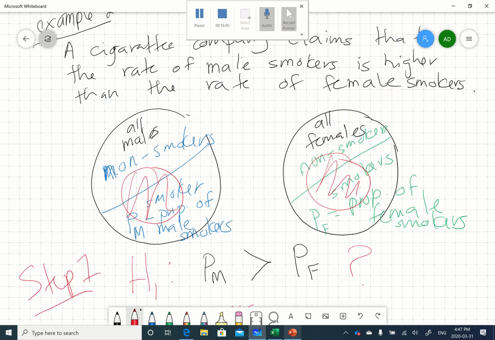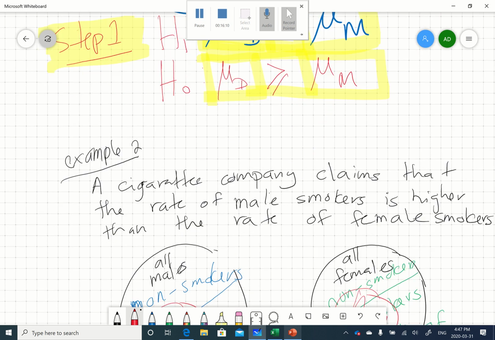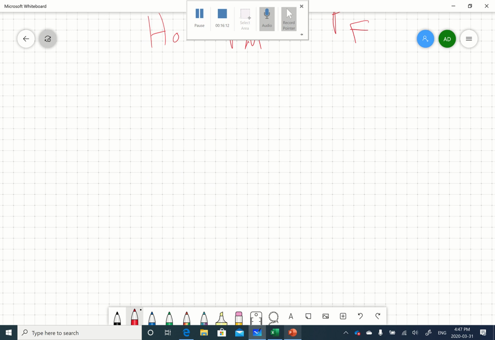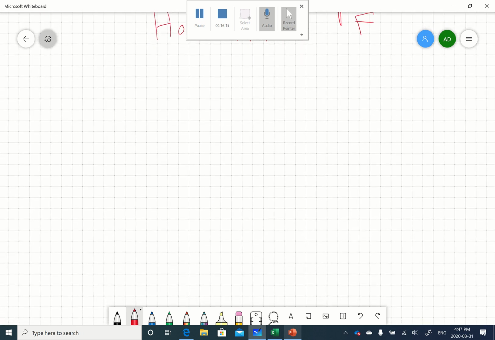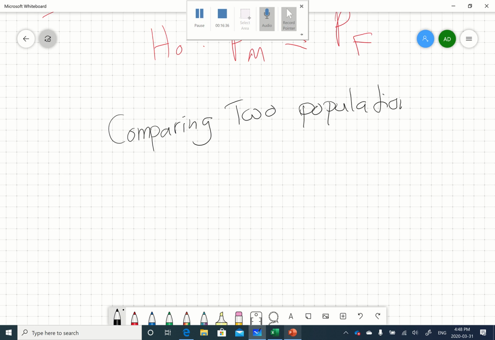Okay, right, so that's the major difference between what we did in chapter 9 and what we will be doing in chapter 10. And when it comes to the average, so comparing two population means, we do have 2 cases.